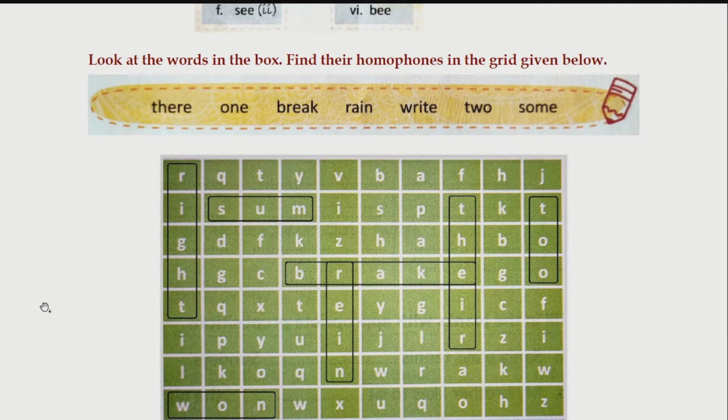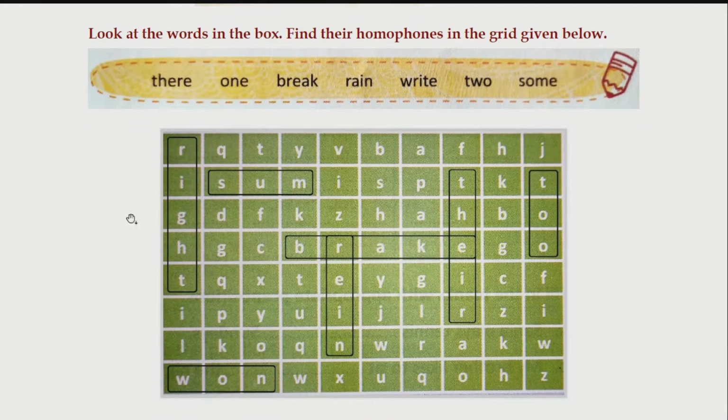And if you know it by now, this has a homophone which is having the spelling THEIR, and that is over here, THEIR. This there means waha, this their means unka. Next one, ONE, and this has the homophone WON. This is ek and this is jitna, one.